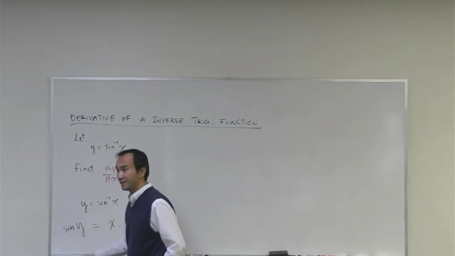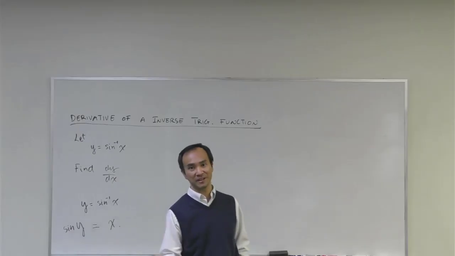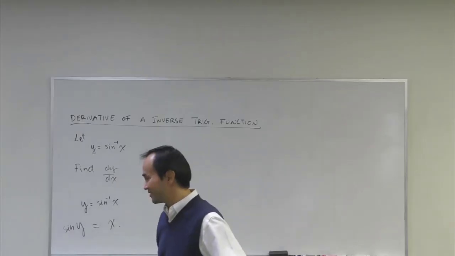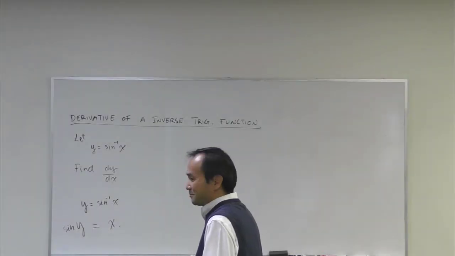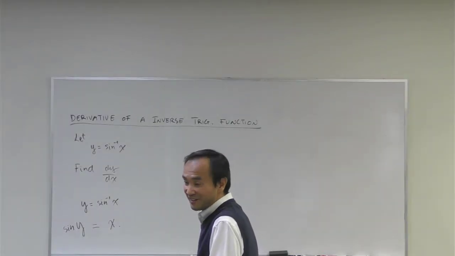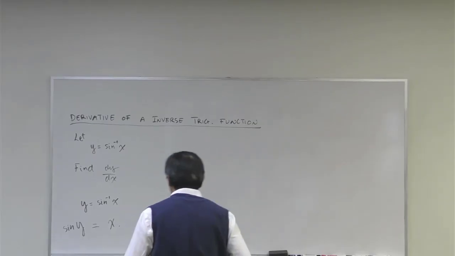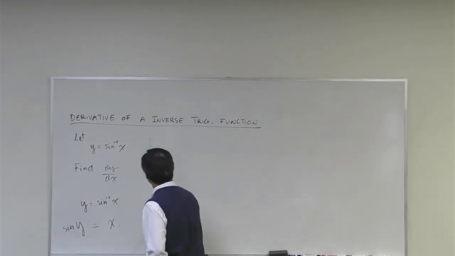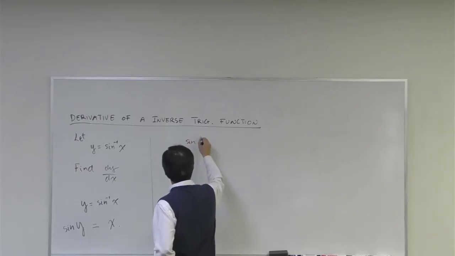You guys agree? That backward relationship is not a surprise for any one of us. So we had to take pre-calculus 2 before we got in here. So now sine of y equals x.